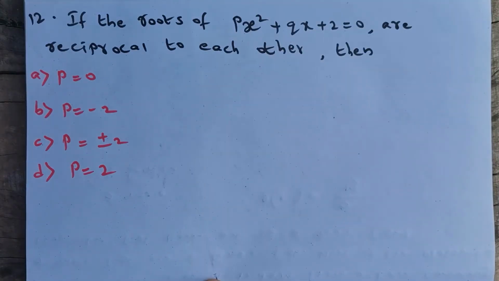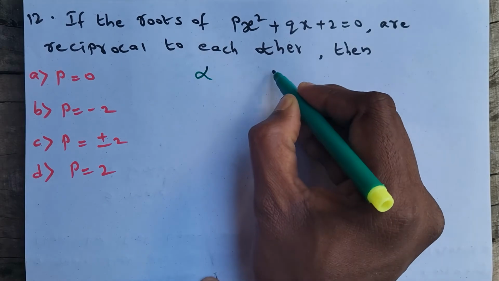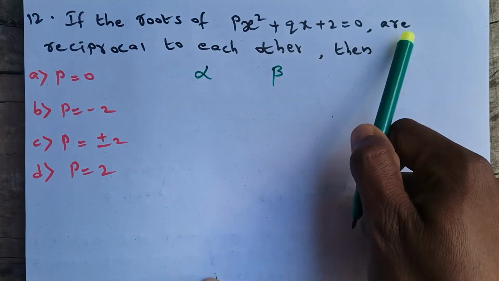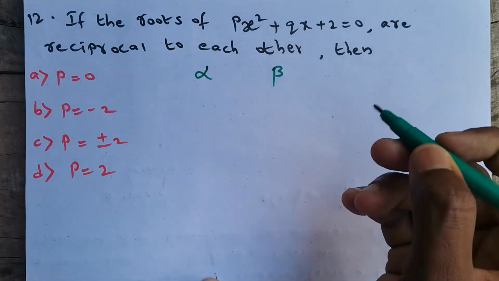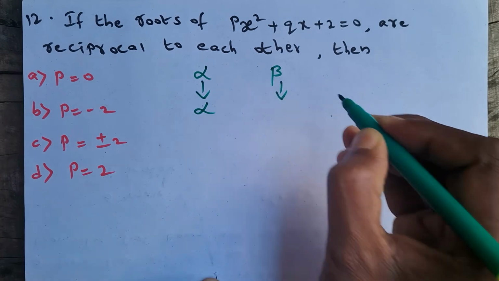If the roots of px square plus qx plus 2 equals 0 are reciprocal to each other. So the original roots are alpha and beta. Now he clearly mentioned that the roots are reciprocals of each other. So alpha I am taking as alpha only. Then what about beta?